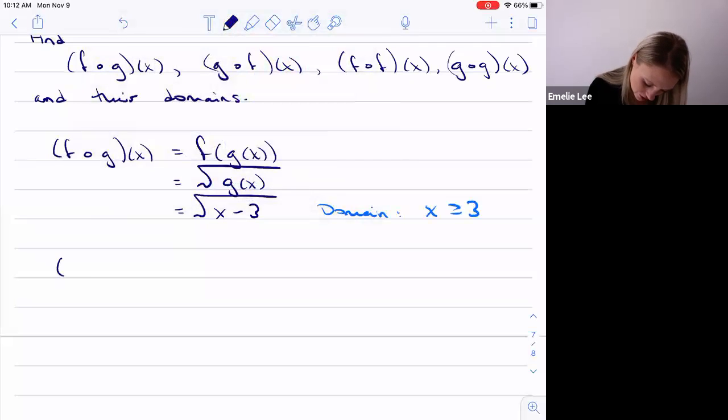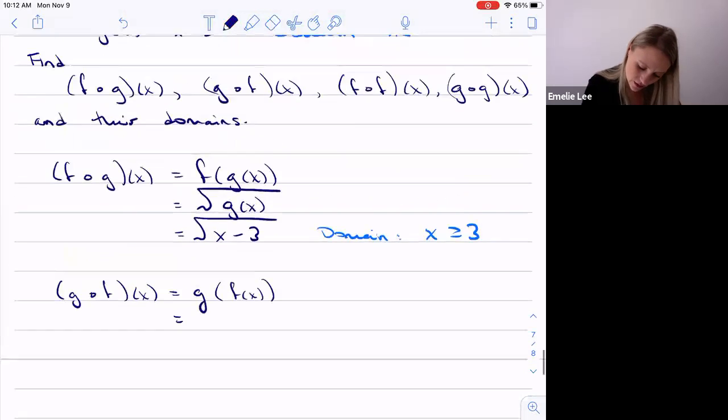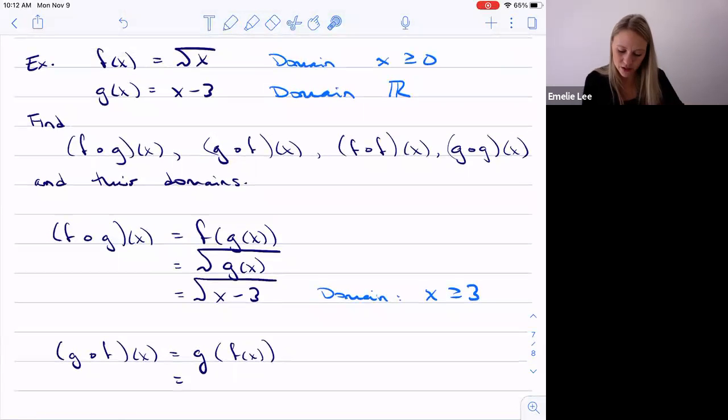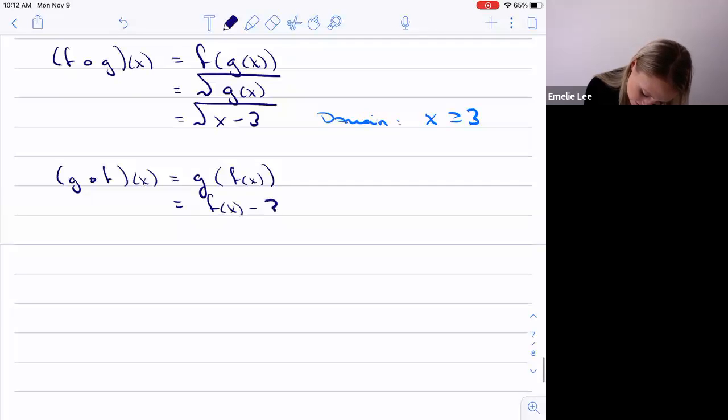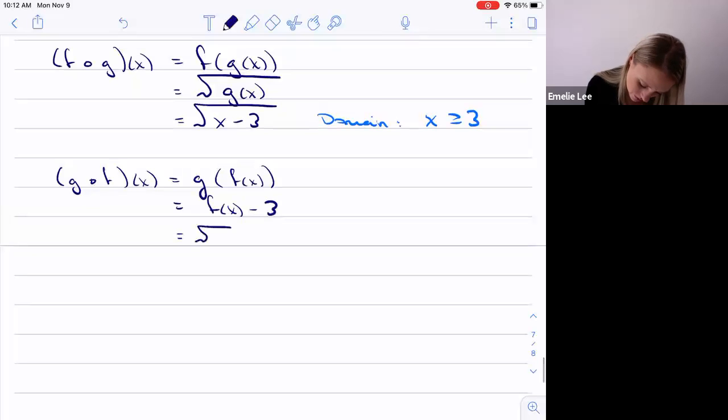Let's look at g composed with f of x. Well, that's g on the outside and then f of x on the inside. So again, what I like to do is start with g of x, which is x minus 3, but just replace all my x's with f of x. So I get f of x minus 3, which is just root x minus 3.